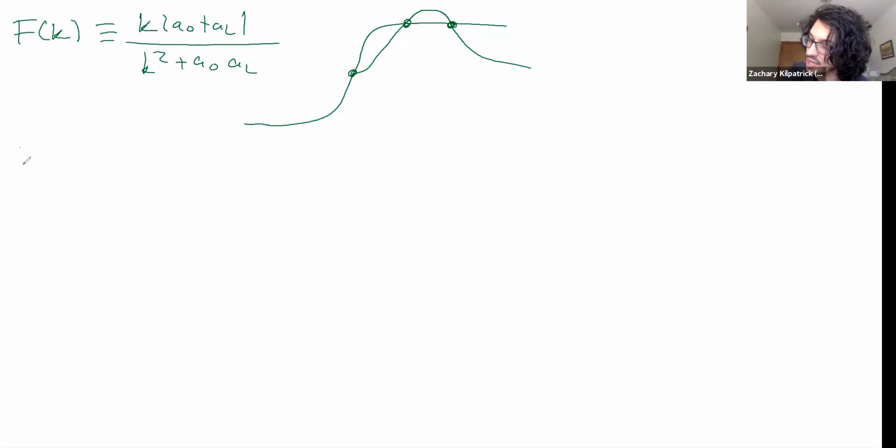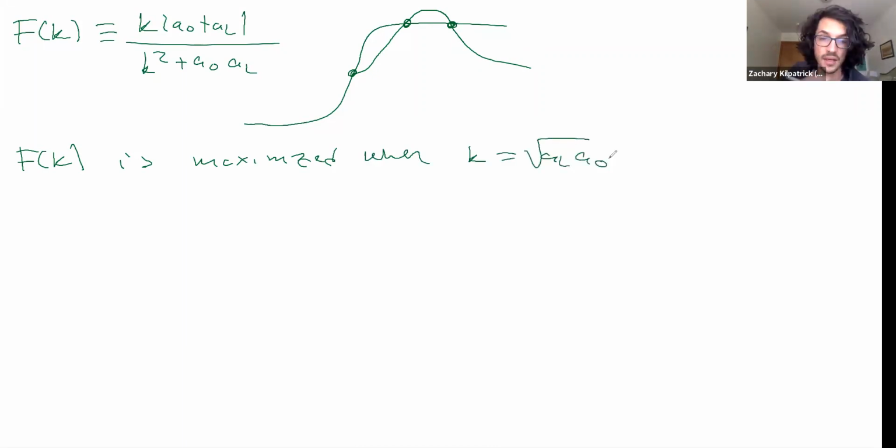Because in this case, f of k, and I've run out of time, so I don't have time to show this, but you can use calculus to show that f of k is maximized when k is equal to the square root of ALA0, okay?